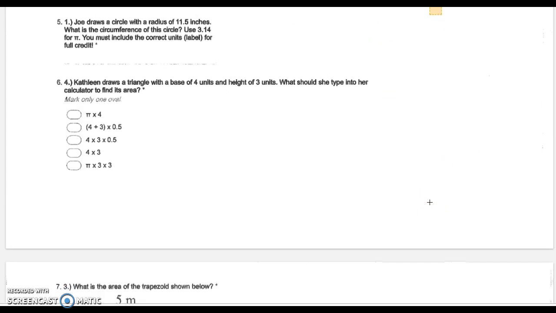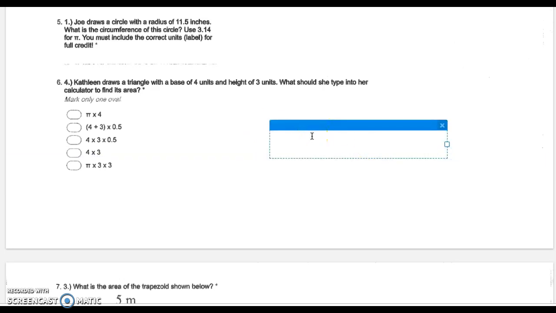All right, the second one here. Kathleen draws a triangle with a base of 4 units and a height of 3 units. What should she type into her calculator to find its area? Well, this is a little bit different than what we have done. But what I wanted you to notice is that usually we do something like 4 times 3 divided by 2, and that would get us 6.